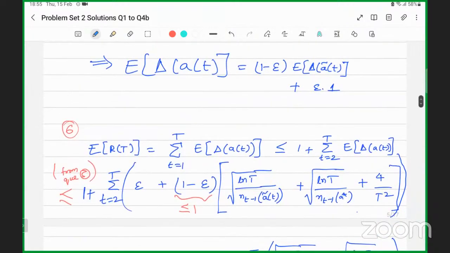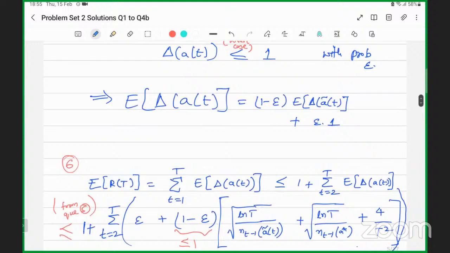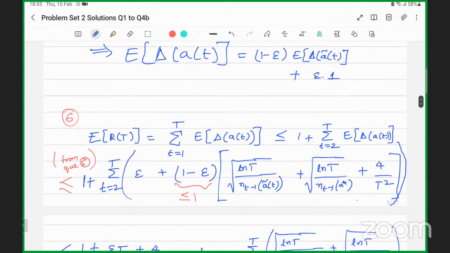Whatever bound we have, expected delta, that is applicable. So if we just don't write that and write t equal to 1 to T, what will happen? Nothing will happen. N_{t-1} of every arm is 0 at t equal to 1.